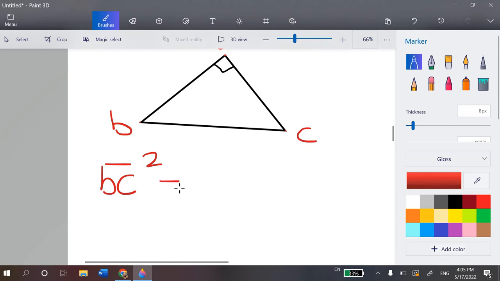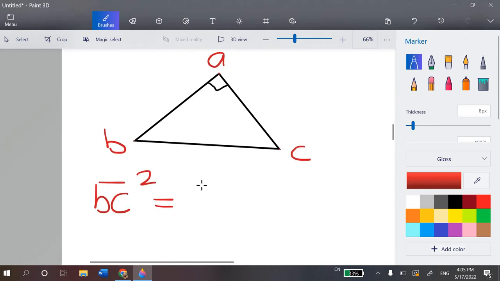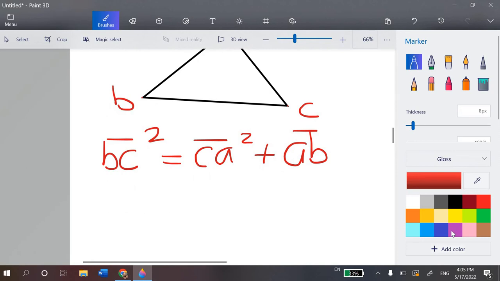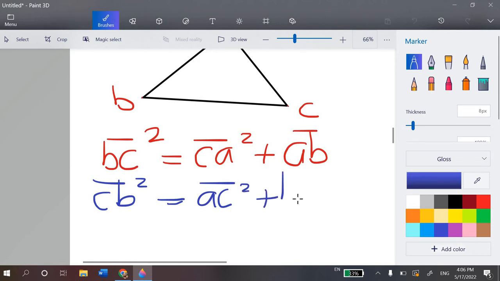BC to the power 2 is equal to CA to the power 2 plus AB to the power 2. As I said, you can write this the other way: CB to the power 2 equals AC to the power 2 plus BA to the power 2. This is the same. If you change the A and the B and the C, it's okay, no problem.